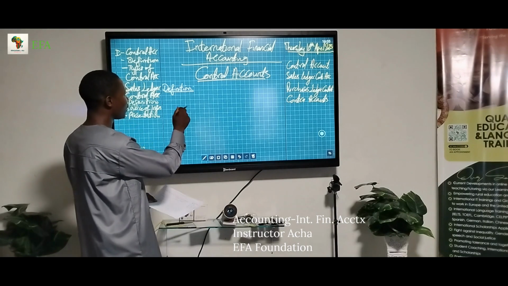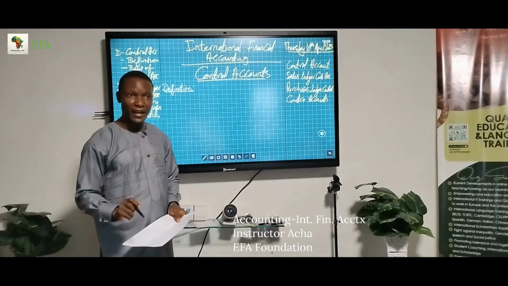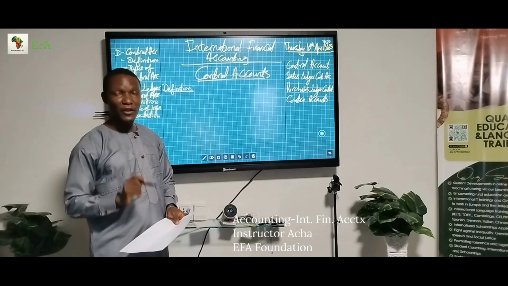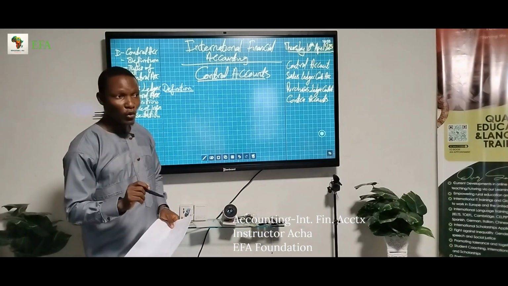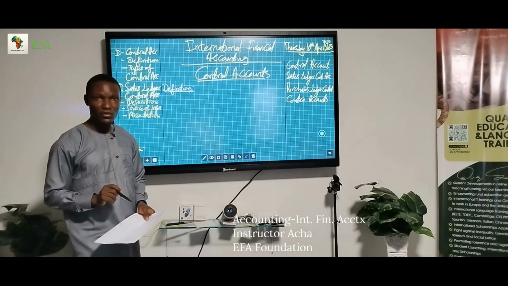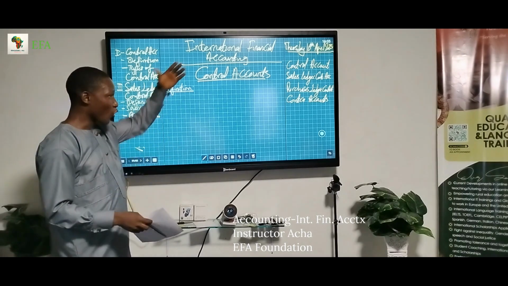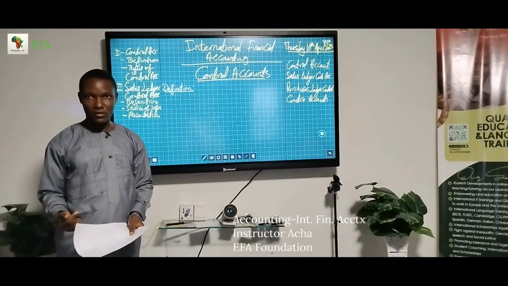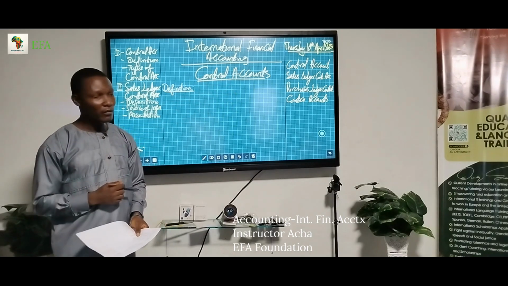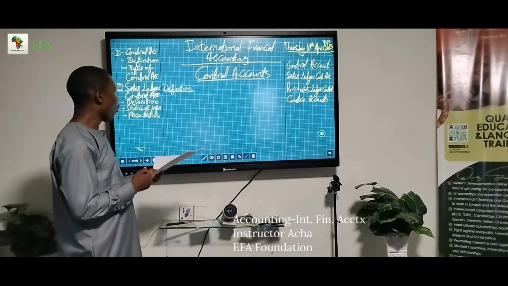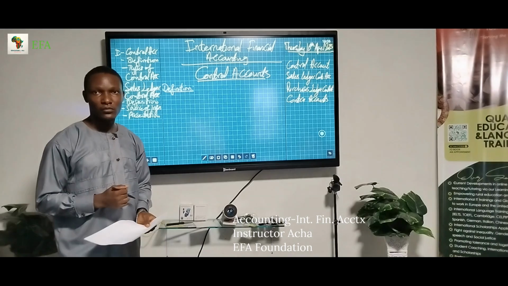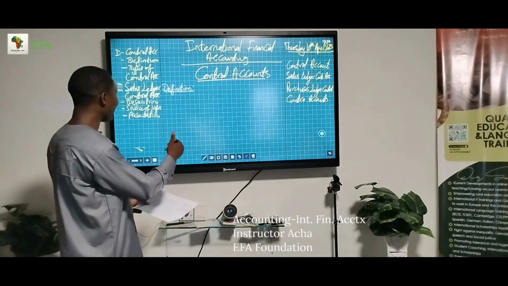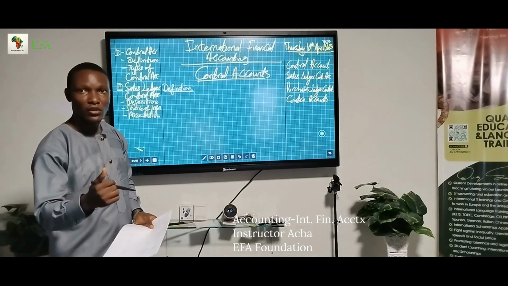Control account is an account that is prepared at the end of a financial year by firms to show their credit transactions with their customers, known as debtors, or with their creditors. Alright, now, what is the purpose of this control account? This control account is aimed at determining errors.